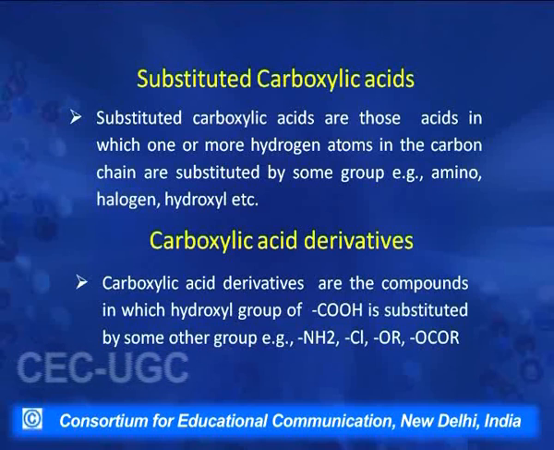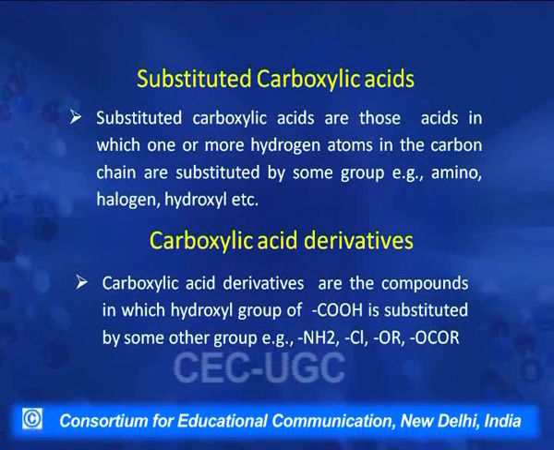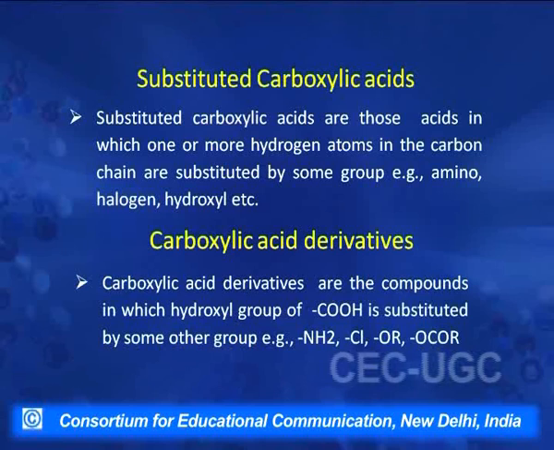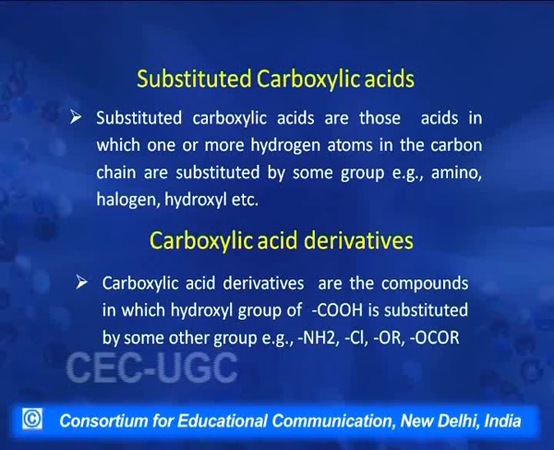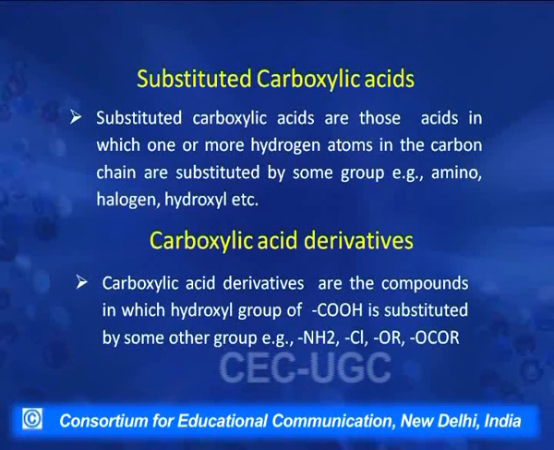We have 4 groups of carboxylic acid derivatives: acid amides, acid chlorides, esters and anhydrides. We will discuss these in a separate session.